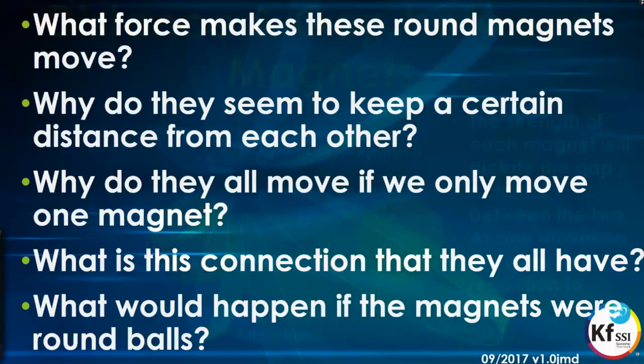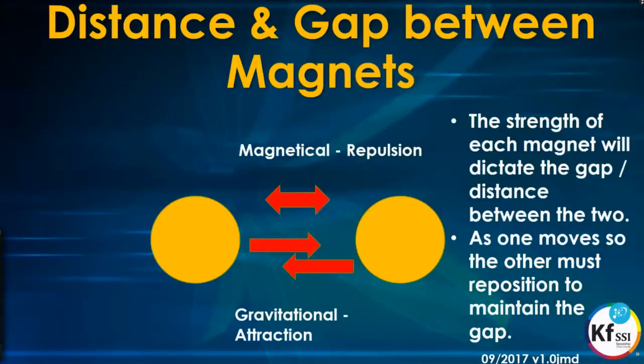And so when we look at the distance and the gap between the magnets, the strength of each magnet will dictate this gap and distance between the two. So as one moves, the other will reposition to maintain that gap. And so we have the magnetical in repulsion and also the gravitational in attraction.